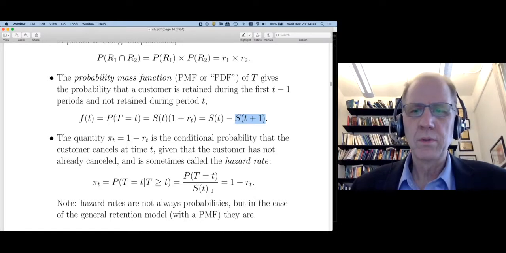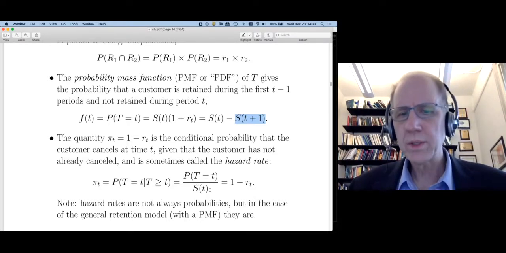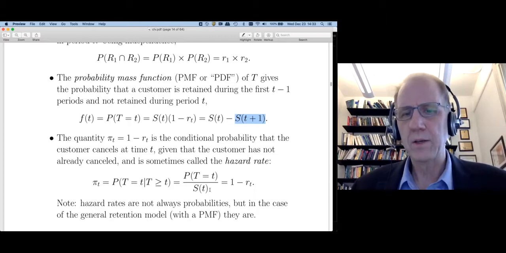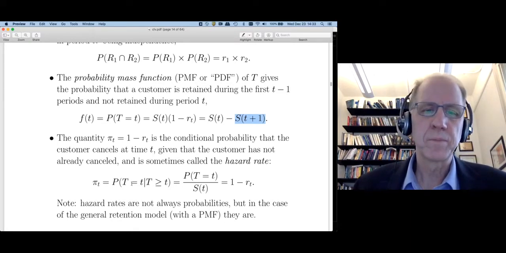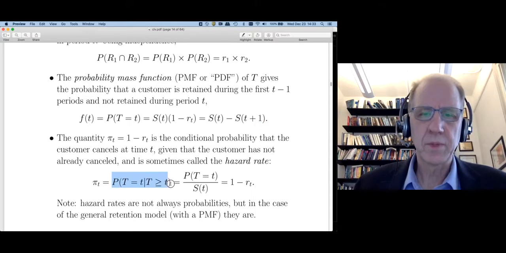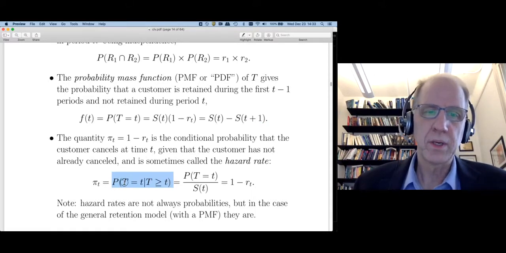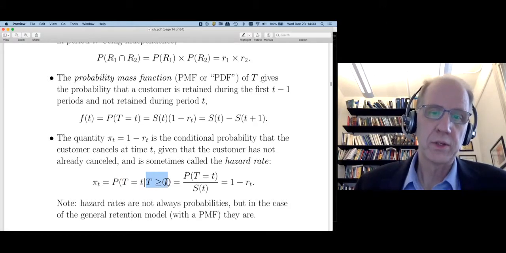Since we're using discrete time here, you can think of it as what's the probability that I fail or cancel in period t, month t, given that I've made it up to period t. So I think this makes it very clear. What's the probability I cancel now, given I haven't already canceled?